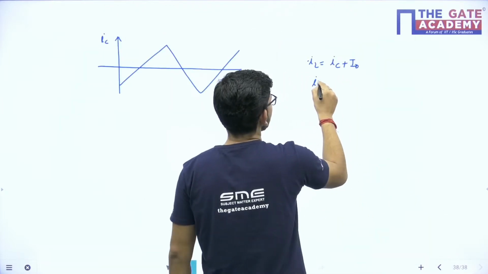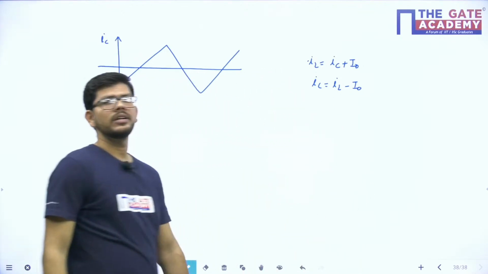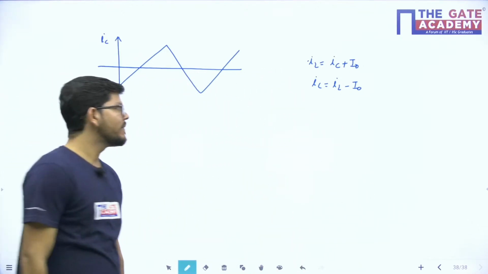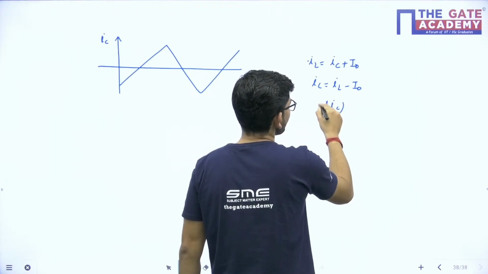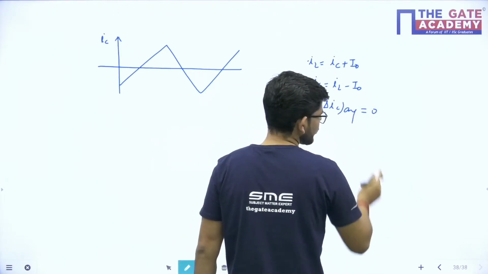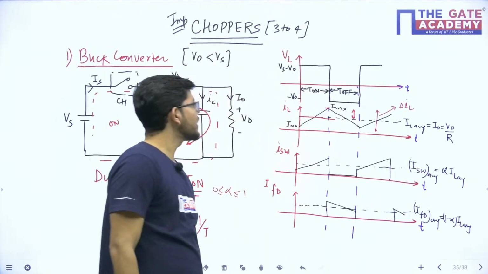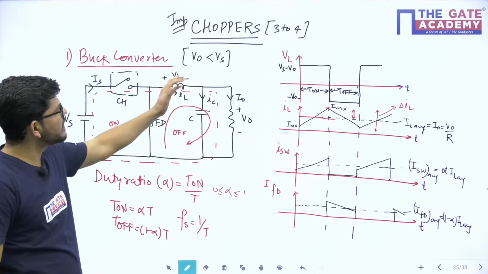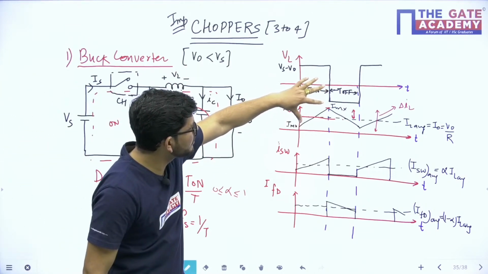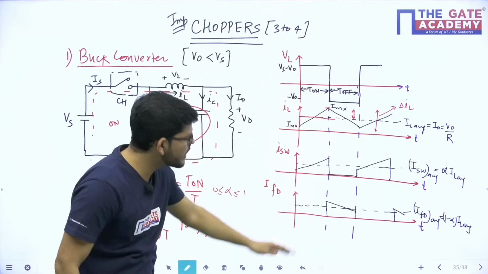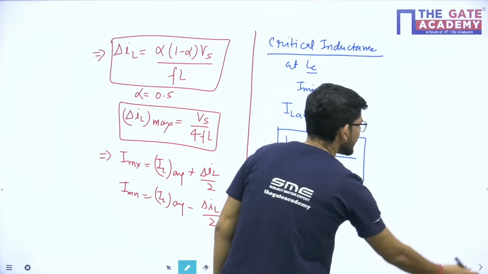Or the capacitor current will be equal to inductor current minus I naught. Now the average value of capacitor current is 0. You know that del IC average is equal to 0. So from this waveform, if current IC is equal to IL minus I naught, meaning if you subtract I naught from this IL waveform, this waveform will be shifted and you will get a waveform like this, isn't it?